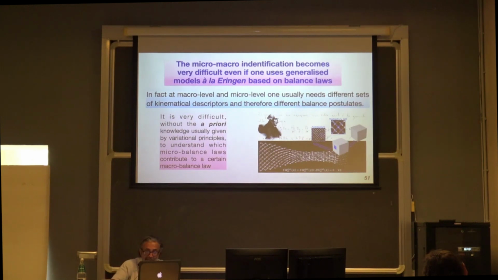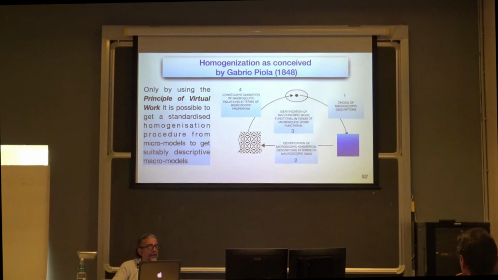I have spent 2 years of my life studying interfaces between liquid drops and vapor simply because my PhD supervisor was Truesdellian and still is Truesdellian. Okay? So the homogenization as conceived by Gabrio Piola has these 4 steps, but I think it is better that I skip, but I gave you an example.